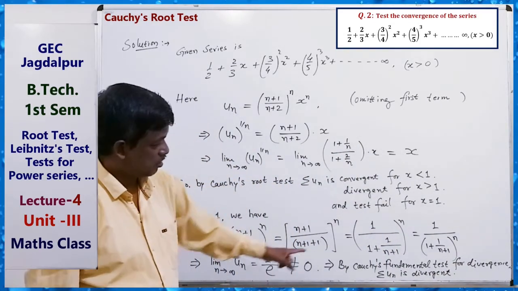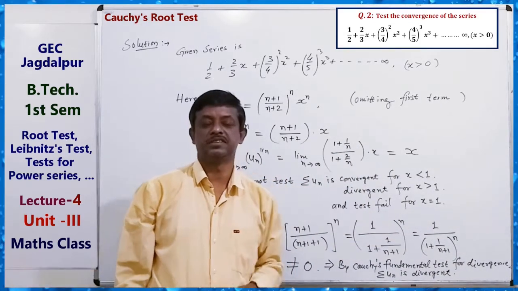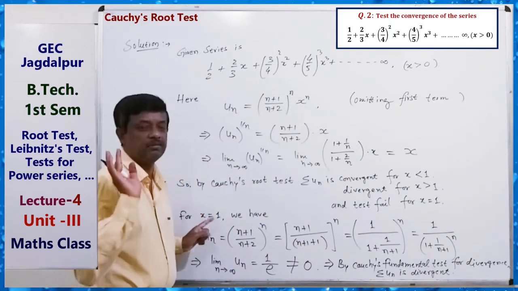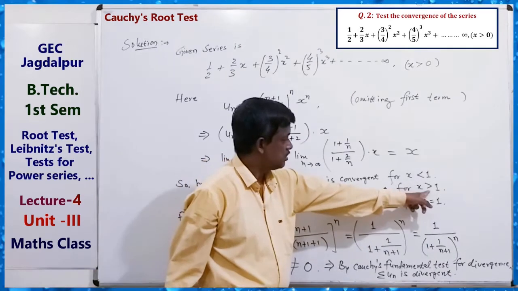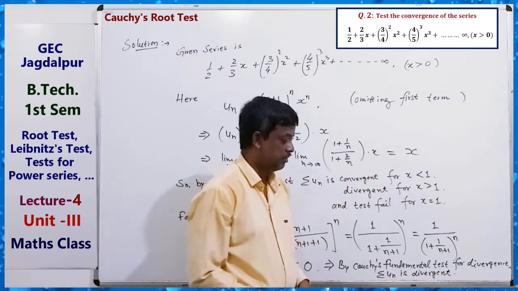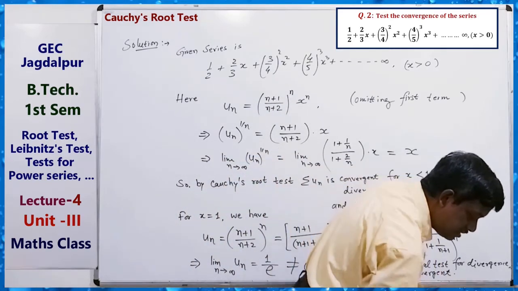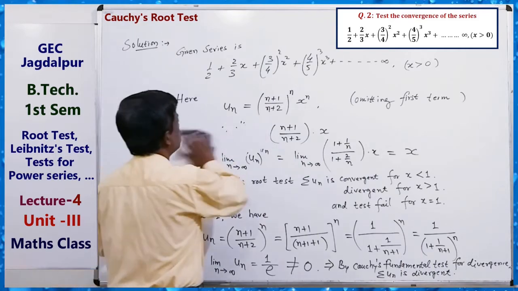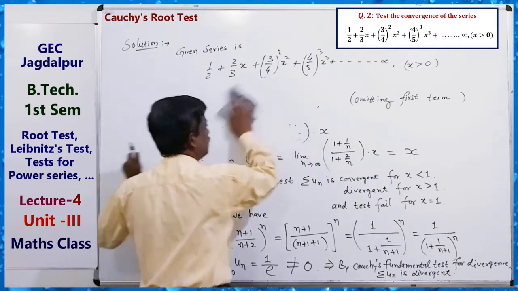Clear? Summation un is divergent. That is, for x equal to 1, divergent. So for x greater than 1 divergent, equal also divergent. So finally we can say the series diverges for x greater than or equal to 1. So finally we can write what?